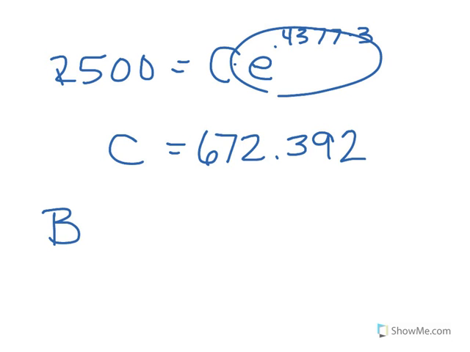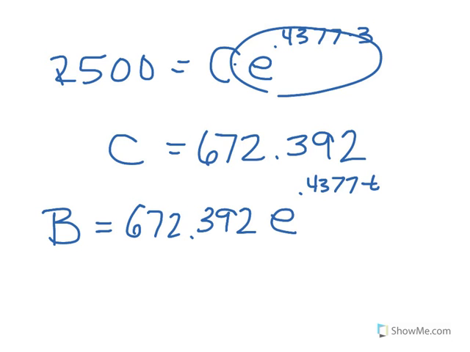And then if we want to calculate the bacteria present on the first day, well, all we would have to do is say that our particular solution here is 672.392 times e to the 0.4377t. Again, this is what we would call the particular solution.